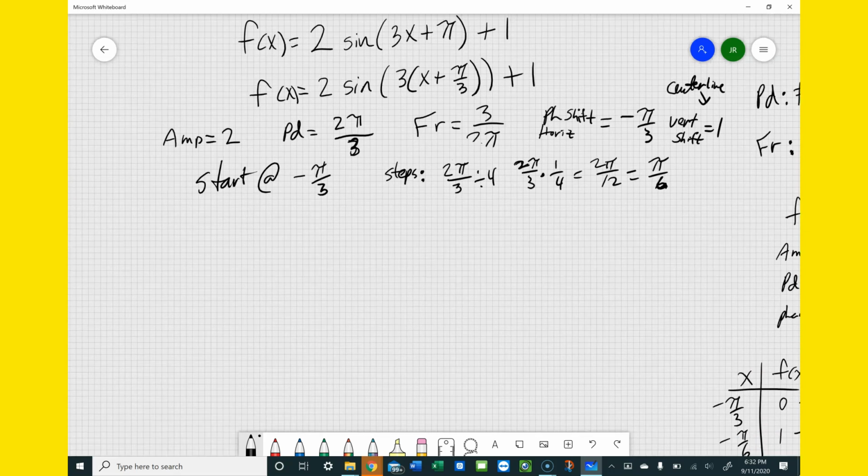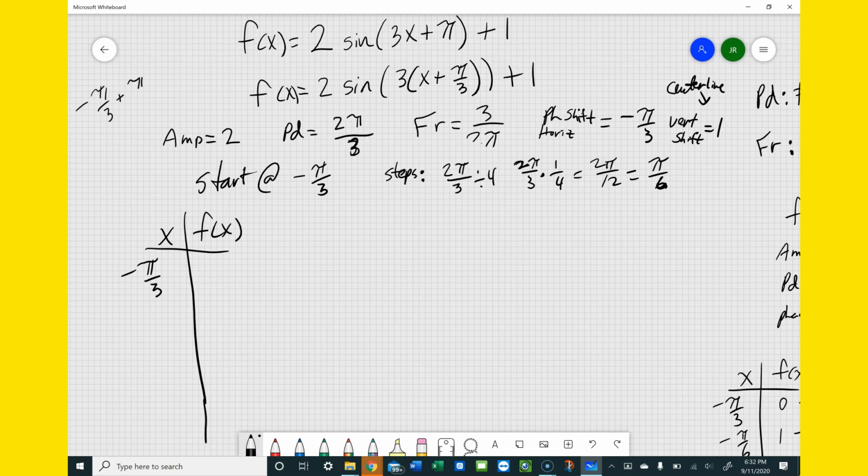So here's what that kind of looks like. I'm going to start not at 0, but at negative pi over 3. And then my next x coordinate will be pi over 6 more. So I add pi over 6 to negative pi over 3. And I got to get a common denominator.